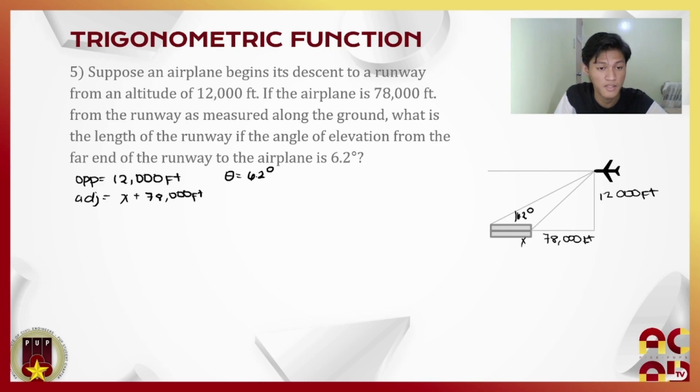So, ang gagamitin nating trigonometric function ay TOA. Stands for ano ulit? Tangent theta is equals to opposite over adjacent. Ayan. So, ipa-plug in natin yung mga values na meron tayo. So, tangent 6.2 degrees. Opposite, which is 12,000 feet.